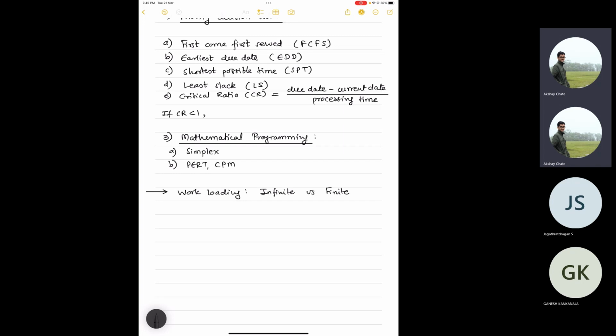If one unit requires 10 days to produce, processing time is 10 days, but you have only 5 days to deliver it, due date is in 5 days, then the critical ratio will be half. In that case, your job is behind schedule.